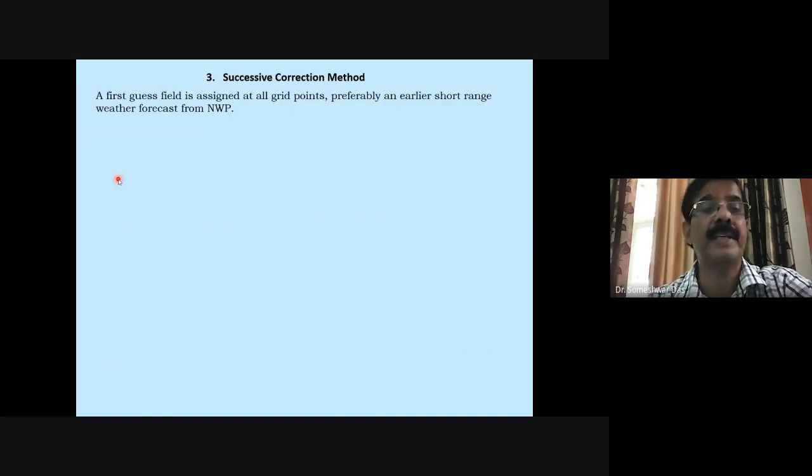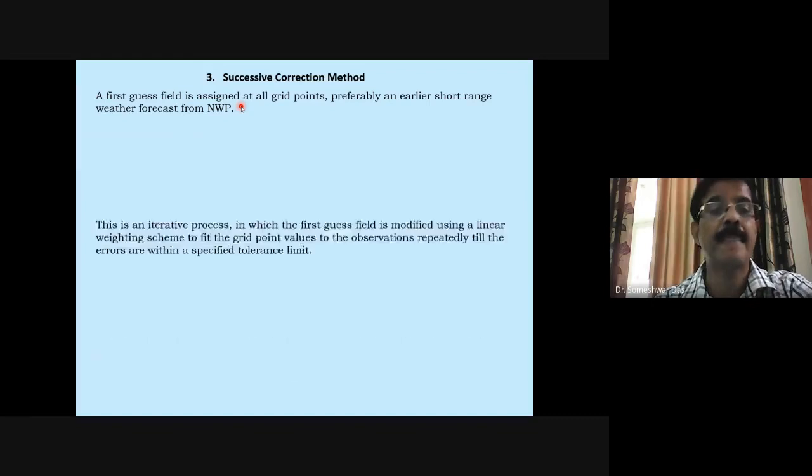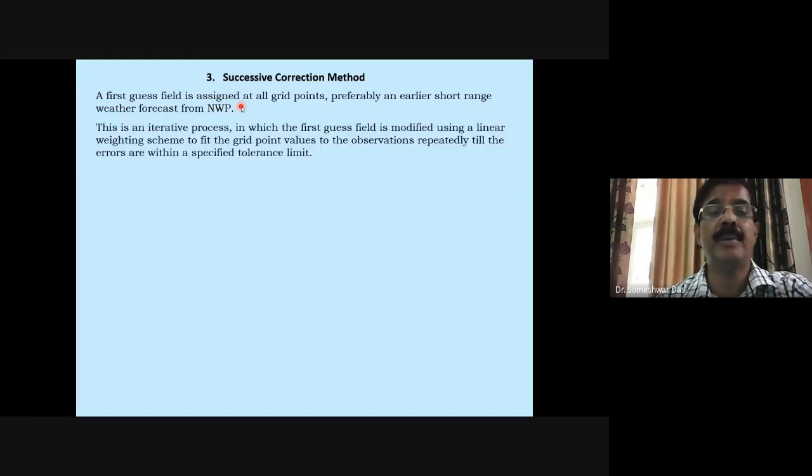Now, to repeat again, in this method, a first guess field is assigned at all the grid points, preferably an earlier short-range weather forecast from the NWP. Now you understand this is an iterative process in which the first guess field is modified using a linear weighting scheme to fit the grid point values to the observations repeatedly till the errors are within a specified tolerance limit.